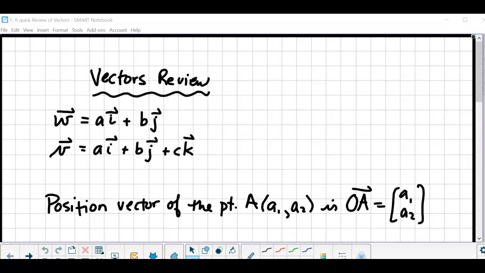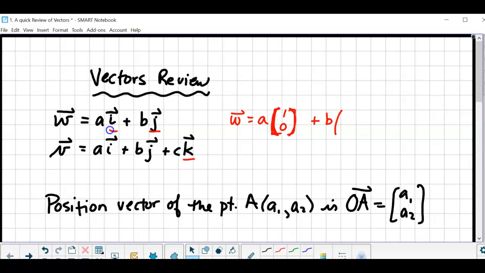Remember that your standard basis vectors are vectors i, j, and k in three dimensions. So we could rewrite this as a times (1, 0, 0). Sometimes I still do square brackets, but it's really round brackets in most of your notes.